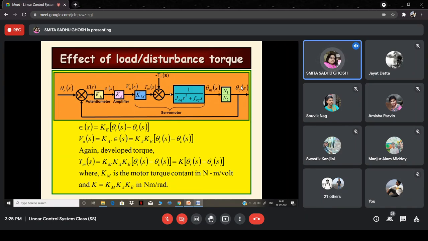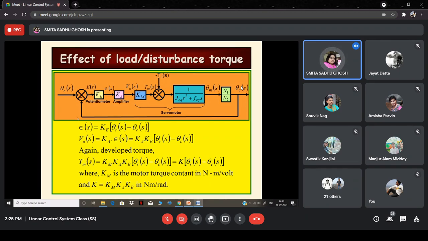So the overall torque converted to the angular orientation of the motor is an algebraic summation of the two torques: one the motor torque, the other the disturbance torque. The disturbance torque has been shown by a negative sign over here, for obvious reasons.